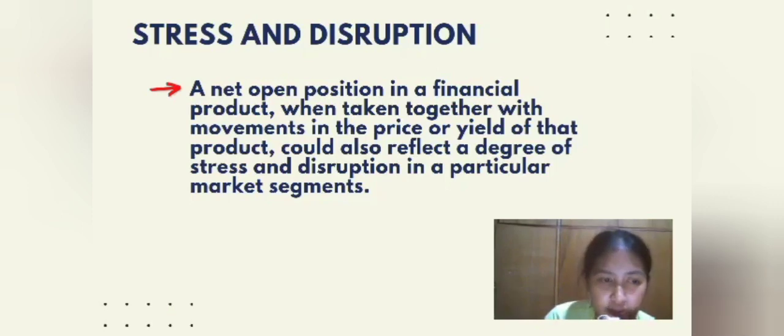Stress and disruption. For me, it is losing your job or being retrenched, or it is long-term unemployment, being unable to get full-time work, or inability to pay your bills, or not being able to deal with the increasing cost of living.